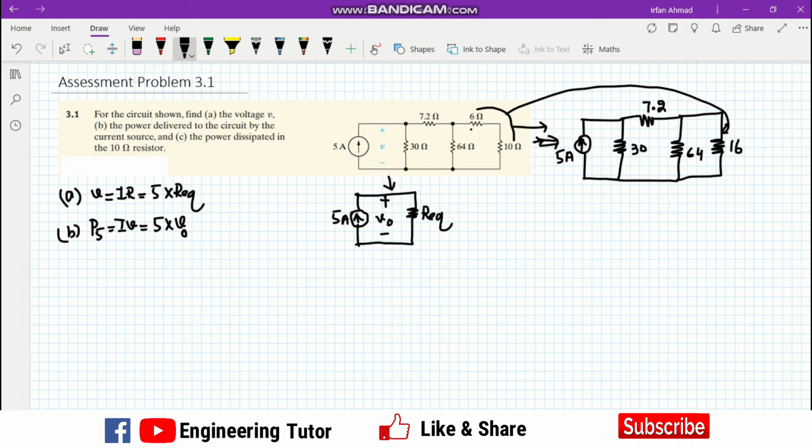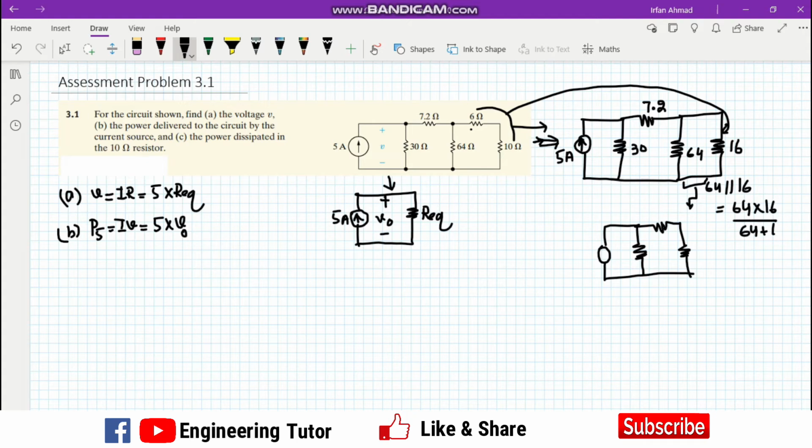We can see that the 64 and 16 are in parallel, so we have to convert them into the format like this one. For calculating the equivalent resistance of these two parallel resistors, we will have 64 times 16 divided by 64 plus 16. So from here we will get 12.8 ohm.